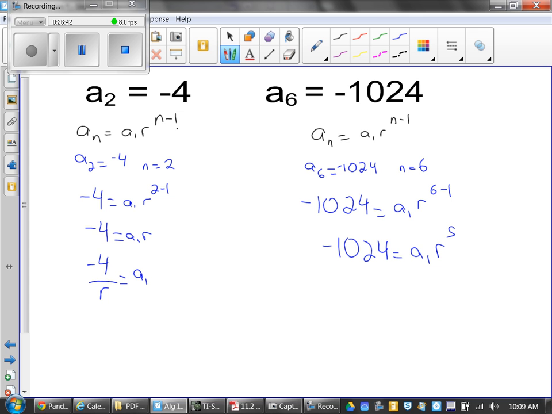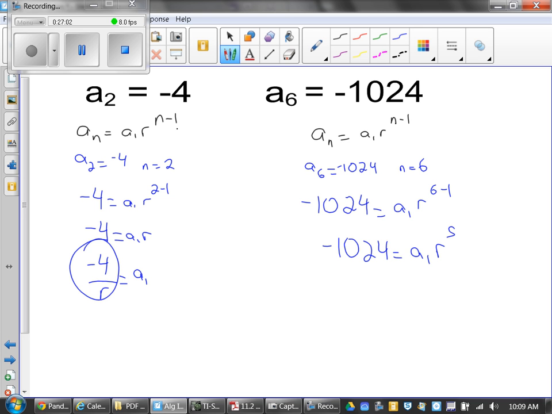Did everybody get to this point here? Give me a second, please, because I know we don't have much time. So you've got -4 divided by your rate becomes the first term. Does everybody agree? Does everybody also have on the other side, -1024 is your first term times r to the 5th power? Okay.